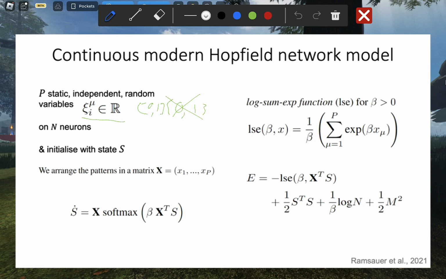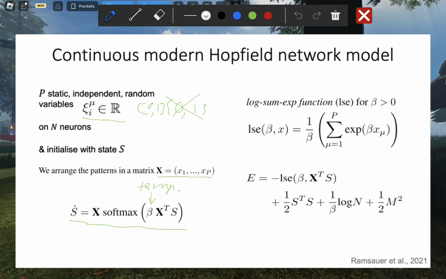What you then do is you arrange these patterns into a matrix like this. So you have P many of these patterns, and then if you know the equations for attention, you'll think, okay, this is basically now attention. This update rule, and this beta parameter is like the temperature.